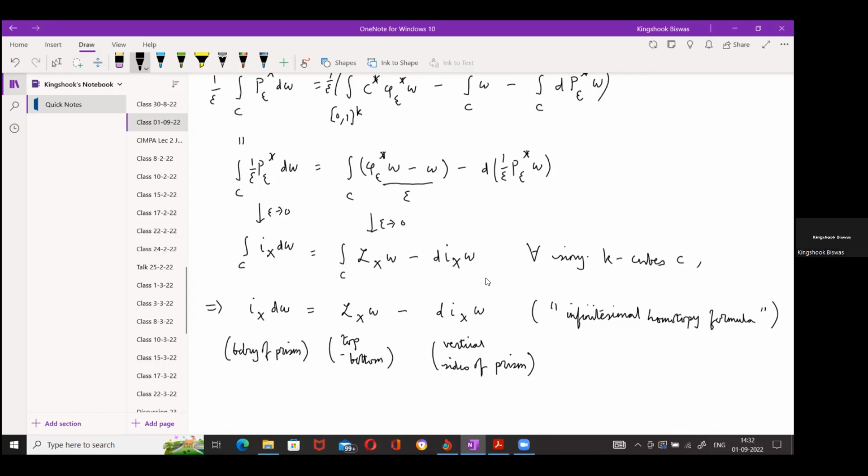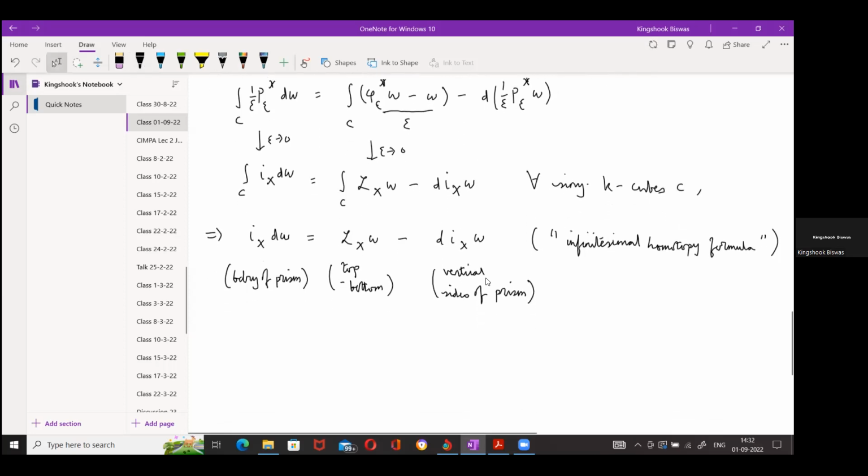So this is a geometric proof of Cartan's homotopy formula for the Lie derivative. In many books, you'll find this done in a purely algebraic way, which at least to me, I can't understand anything. When it's done purely algebraically, you just use algebraic properties of the Lie derivative, the interior contraction and the exterior derivative, and somehow you prove it by induction.